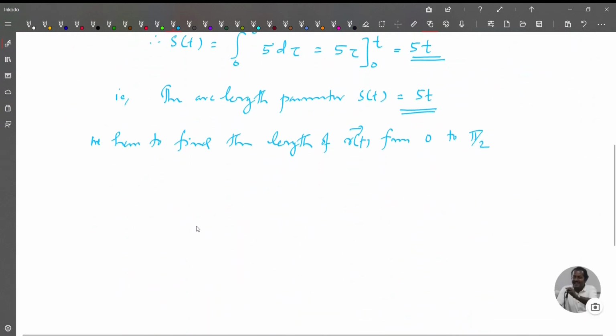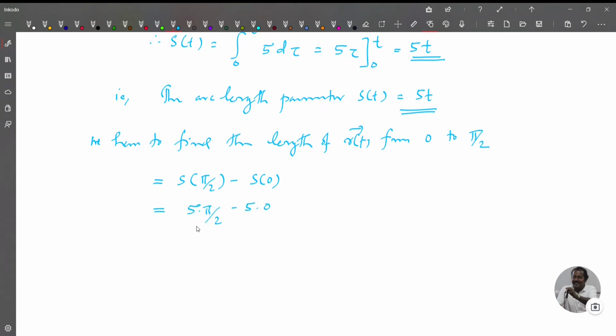It is actually equal to s of pi by 2 minus s of 0. So this is equal to 5 pi by 2 minus 5 into 0. So this is equal to 5 pi by 2. So this is the arc length.